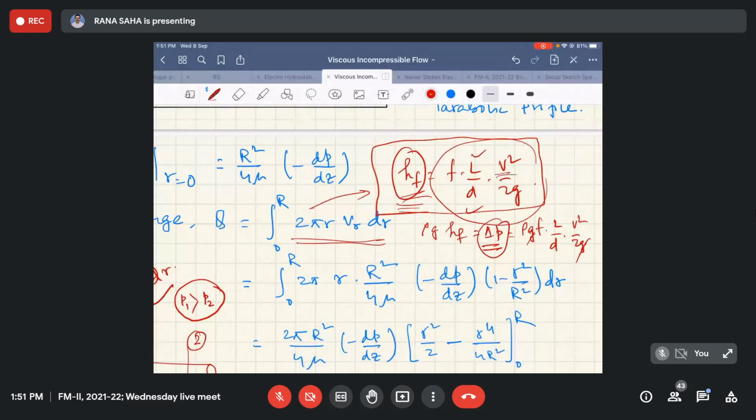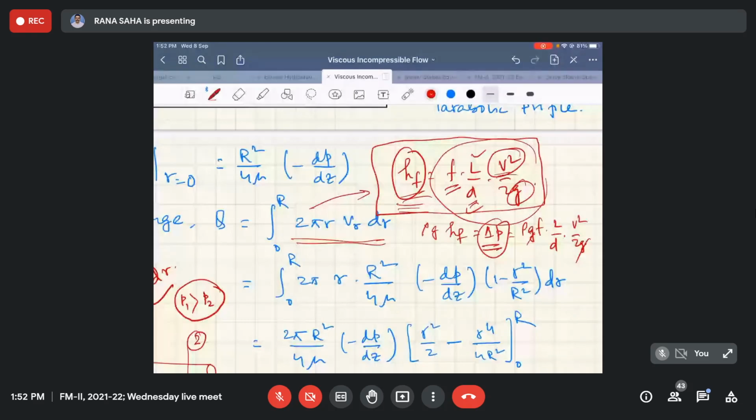So del p by l যদি লেখো, the right hand side কি পড়ে থাকে, del l টা যদি এদিকে চলে আসে left hand side, it comes to the denominator, and the right hand side you are having f, which is the fixed factor, you are having d for a pipe, which is constant, and the velocity is a constant term, g is a constant if you are not changing your place, so everything is constant.